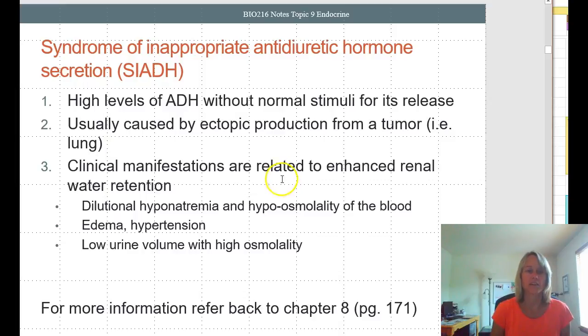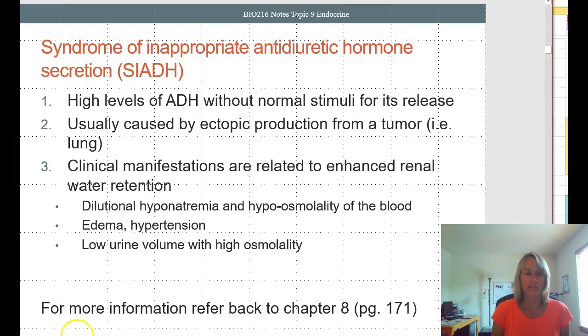So this is going to cause dilution of sodium, so dilutional hyponatremia, as well as hypoosmolality of the blood. This is going to cause an increase in blood volume, and that can result in hypertension and edema. And then the opposite is going to occur in terms of the urine volume.